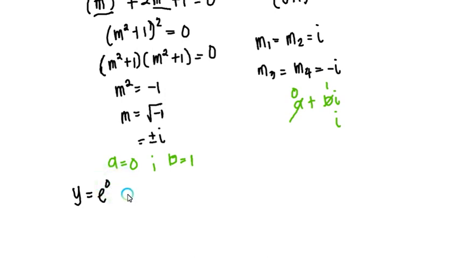Then we will have your c1 cosine bx. Since ang aton nga b is 1 lang man dayon, so diretso ko na lang c1 cosine x kay 1 lang man. So c1 cosine x plus your c2 sine x.